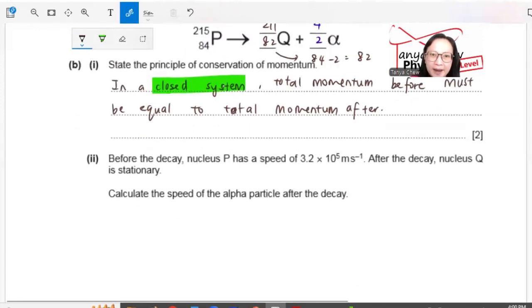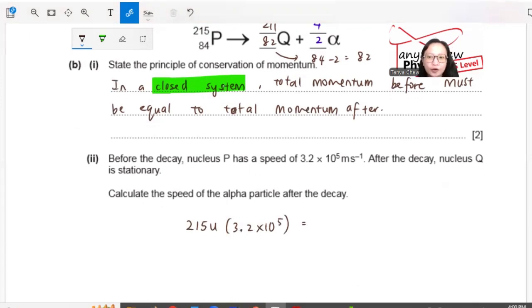So the mass of P is actually the nucleon number of P, which is 215 u, remember? Unified atomic mass unit. And the speed of P is 3.2 times 10 to the power of 5, which is equal to after the decay. Nucleus Q is stationary, good news, but alpha is moving.